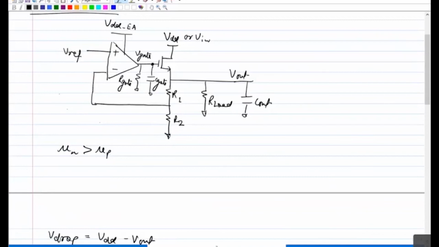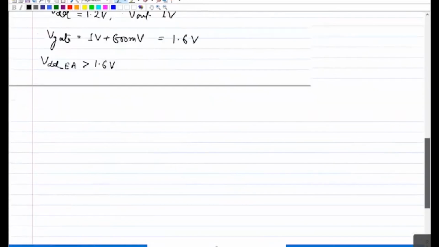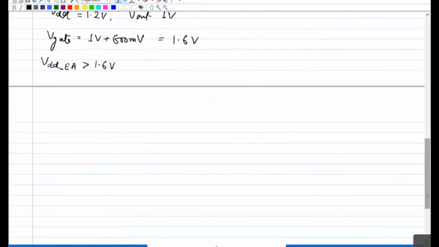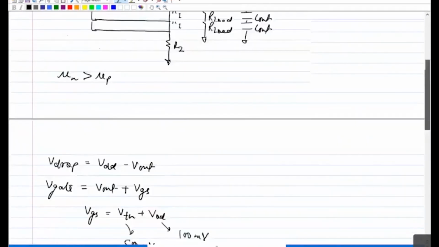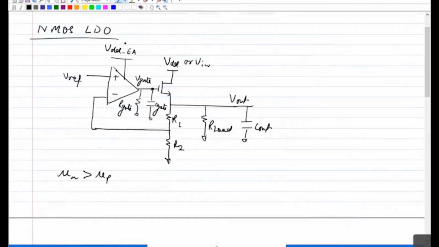So if your dropout voltage is more than 600 millivolt here, only then you can regulate the output, otherwise you cannot. So for large dropout you can do that, but for smaller dropout, an NMOS regulator won't be able to regulate unless you use a higher VDD for the error amplifier. That's why most of the time when you use an NMOS regulator or LDO, you generate a separate supply VDD for the error amplifier.